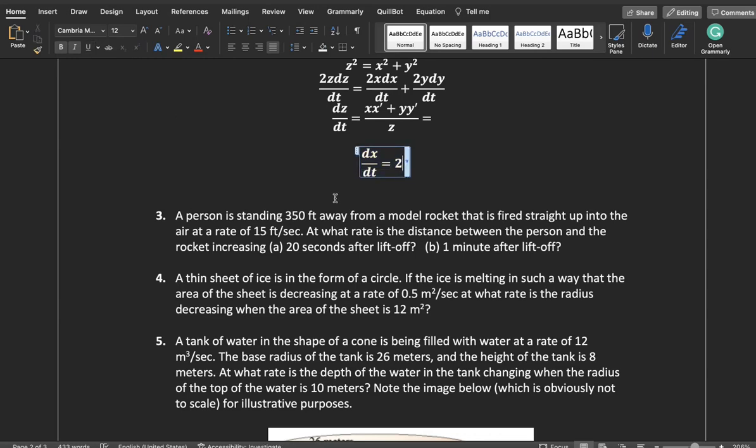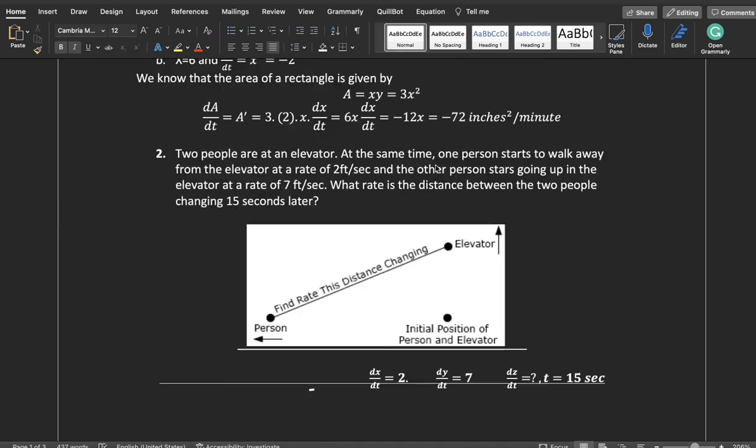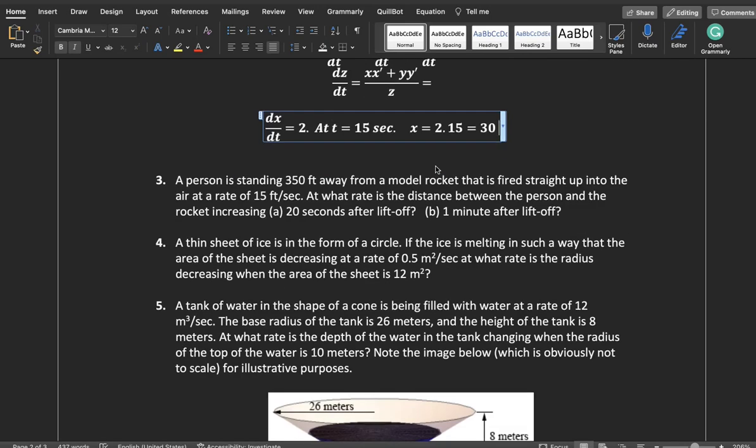That means that at t equal to 15 seconds, x is equal to 2 times 15, because you're looking at the change in time from 0 to 15. So x will be equal to 2 multiplied by 15, which is 30. Whatever the unit is, I'm not sure if they gave us a unit. Yes, so 30 feet.